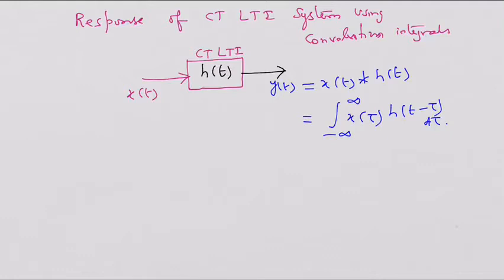Not only that, for the response of a CT LTI system using convolution, if you know the impulse response, it is possible for you to calculate the unit step response also. Unit step response using convolution integral. How to calculate it?